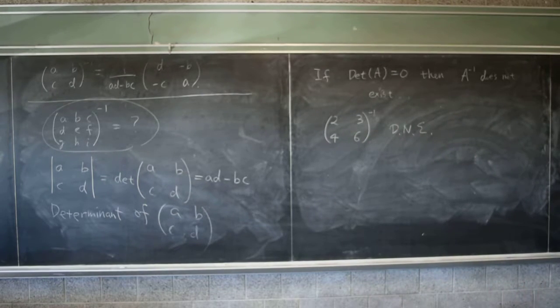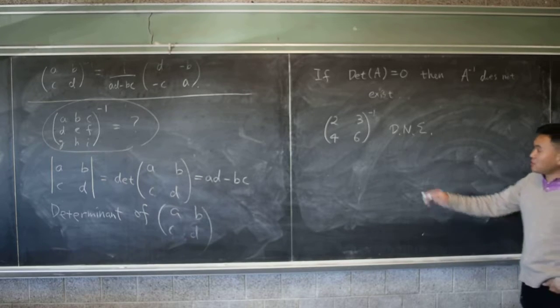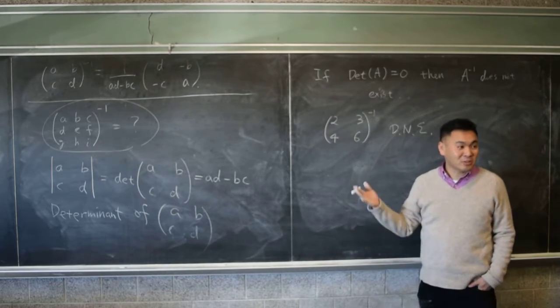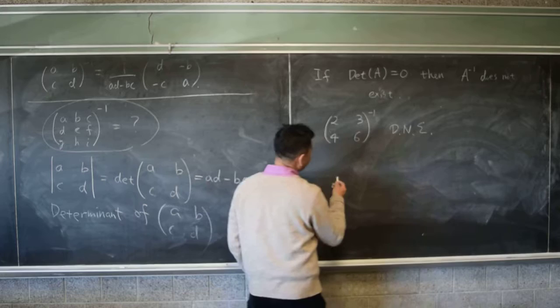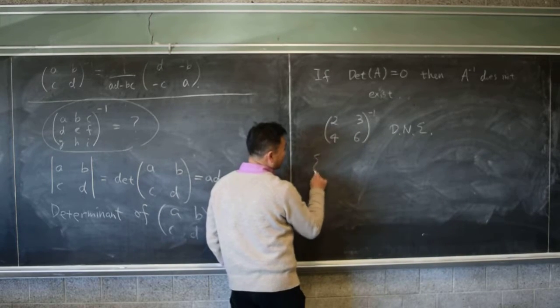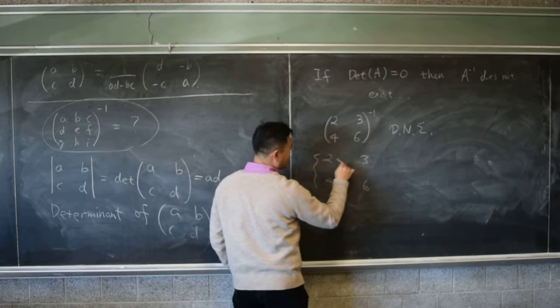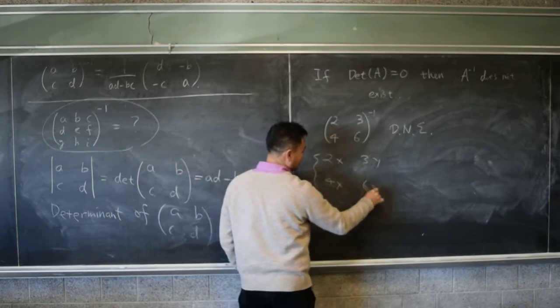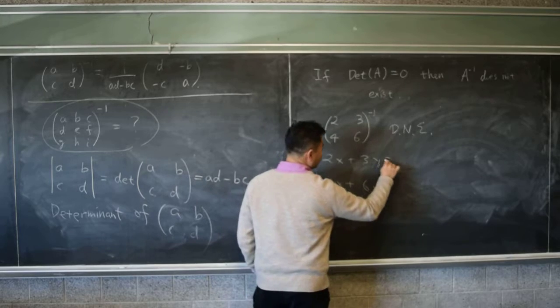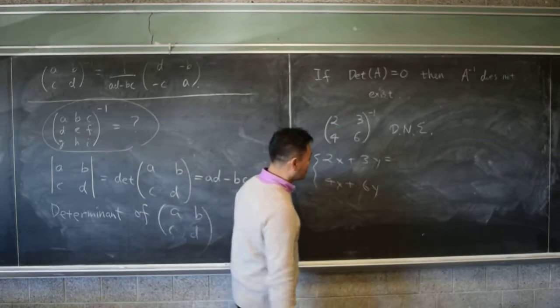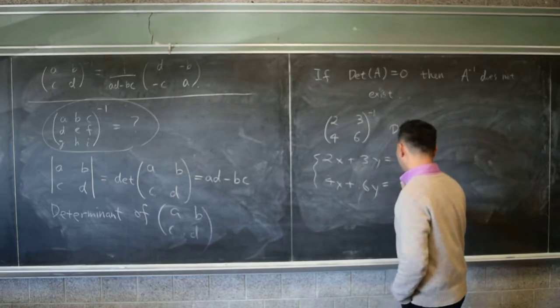Now that makes us wonder, what happens if you end up having this type of matrix in a system? What does it mean for the system? So for example, if I had a system of equations having these as coefficients, 2, 3, 4, 6, with x and y, let's put something like 1 and 5.